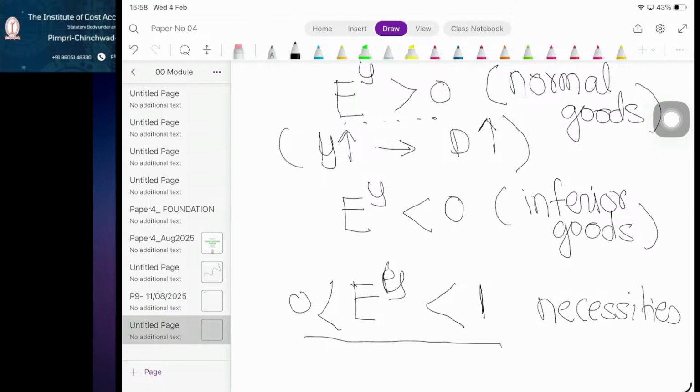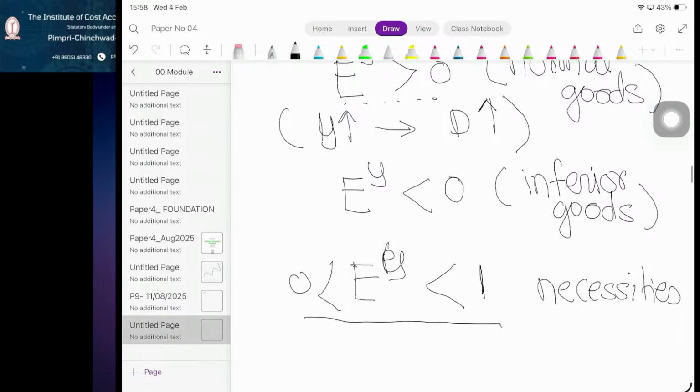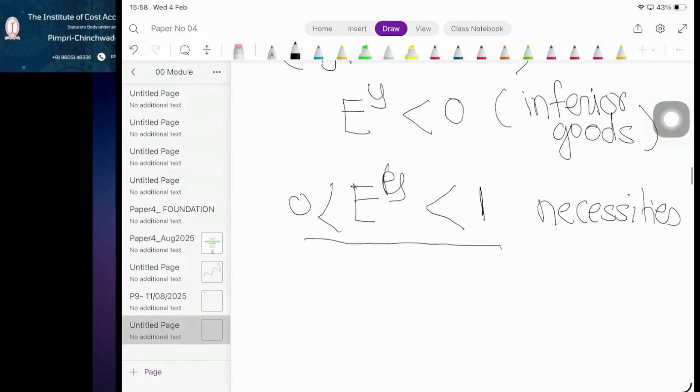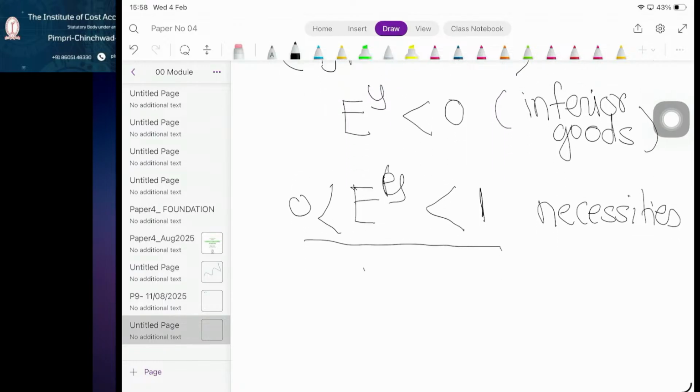Okay, necessities generally show low income elasticity of demand, and if income elasticity is greater than 1, then these products are called luxury goods.